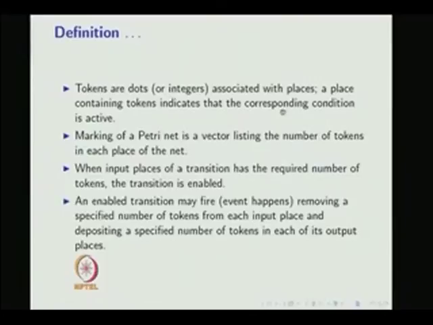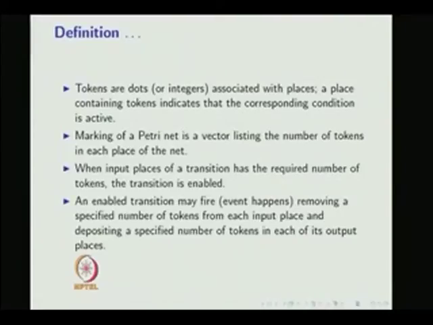The marking of a Petri net is a vector listing the number of tokens in each place of the net. That is called marking. When the input places of a transition have the required number of tokens, then the transition is enabled.